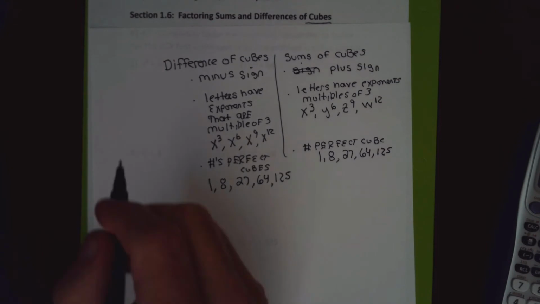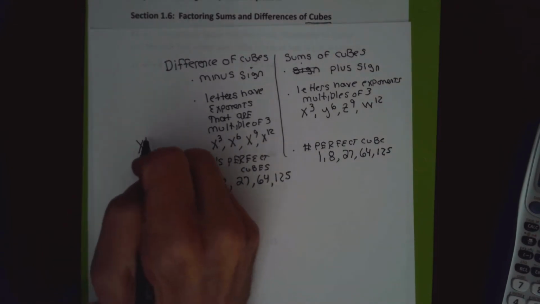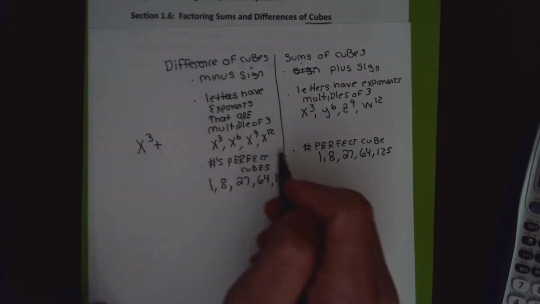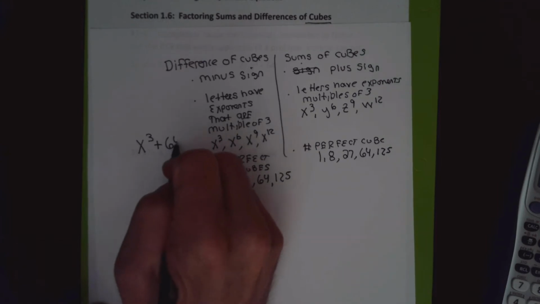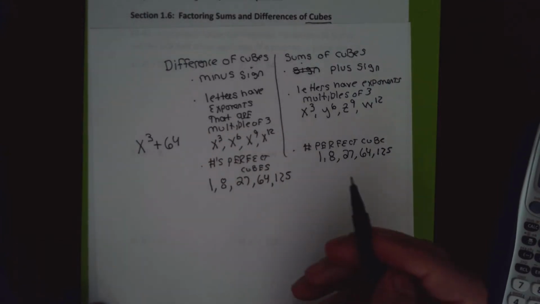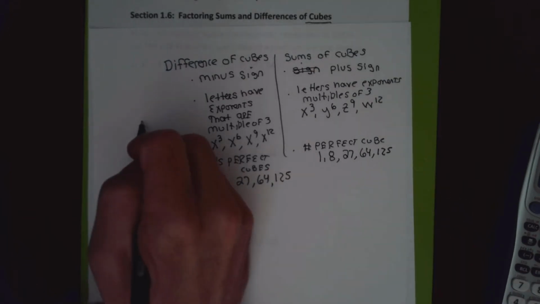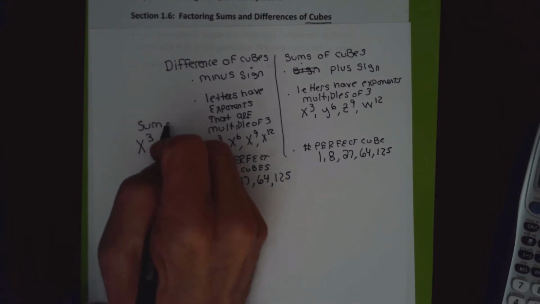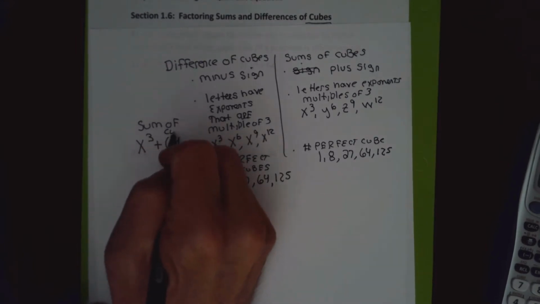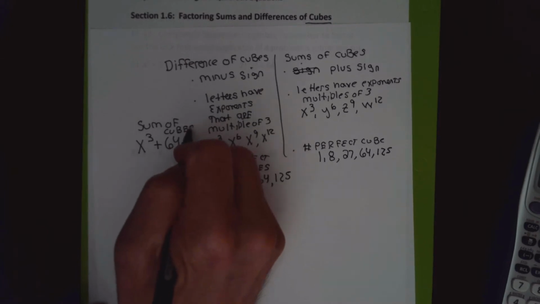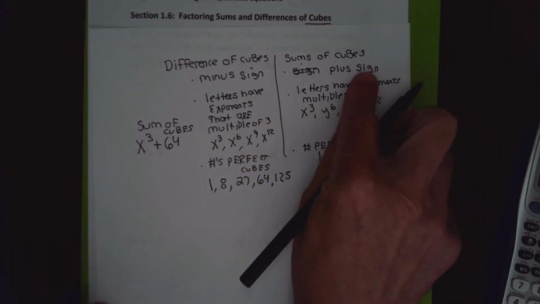For example, if I wrote a problem like x cubed plus 64, this would classify as a sum of cubes. Specifically, it fits the criteria to be a sum of cubes. If I look at my criteria, it needs to have two terms. I didn't write that down, but I should have.